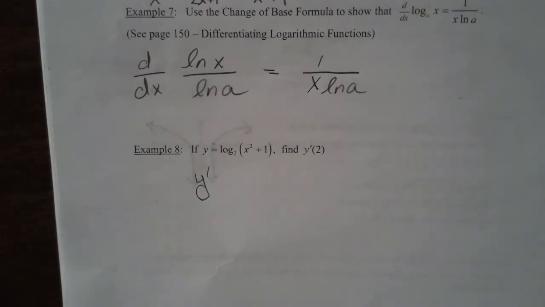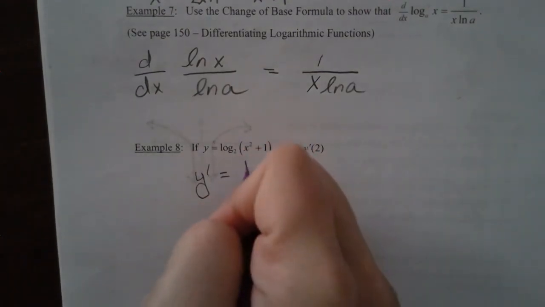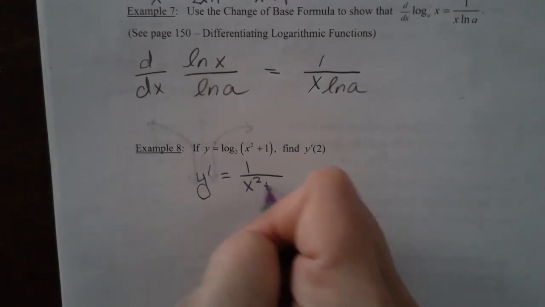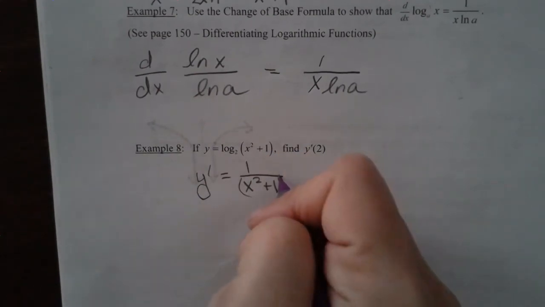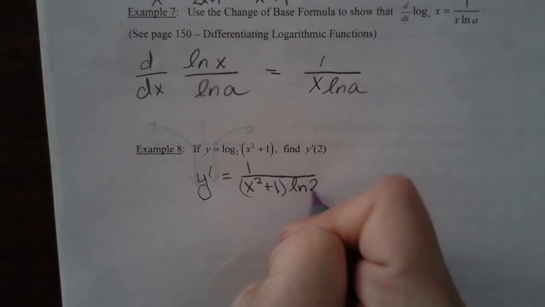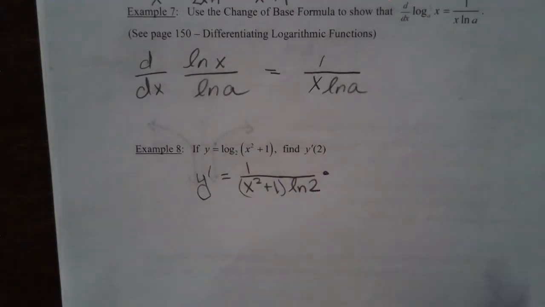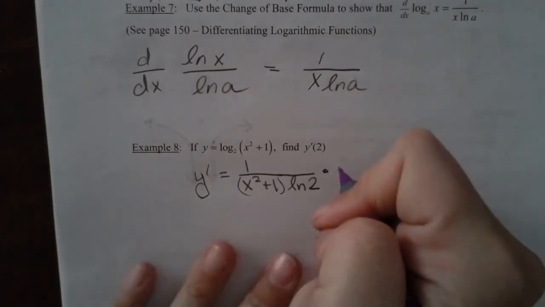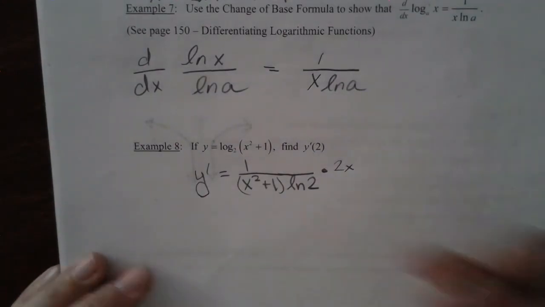Y prime equals 1 over x squared plus 1, remember, times our ln of the base, which the base is 2. Now we have to remember chain rule though, because we have an inside here. What is the derivative of the inside? 2x.